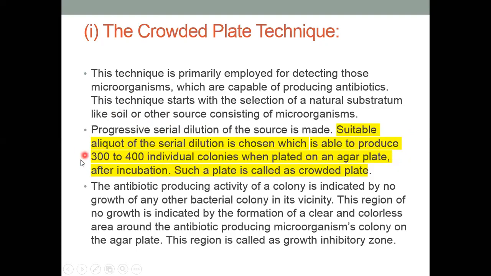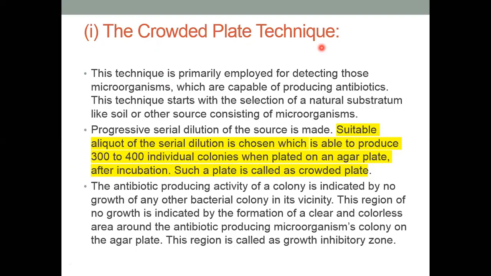And this number, 300 to 400, is important because it makes this process a crowded plate technique. The number of colonies on the plate being assessed is very large, and 300 to 400 tiny colonies growing on a petri plate is a lot.